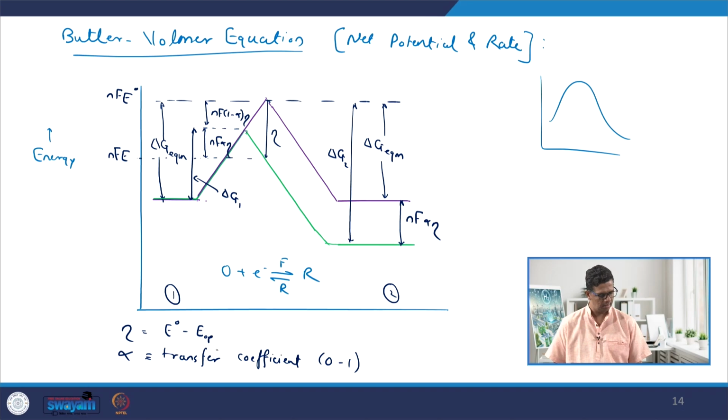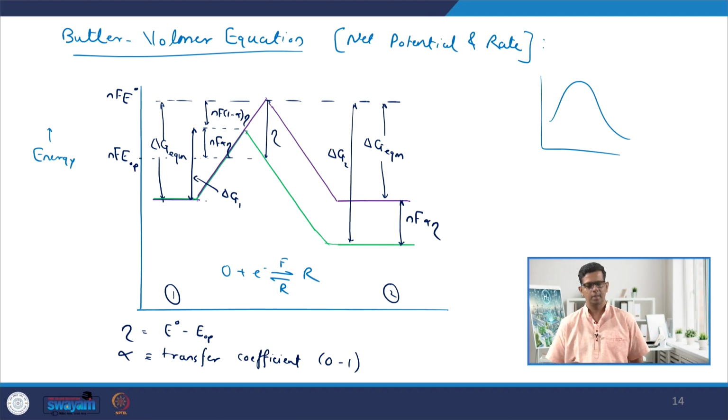Since this is a difference in the potentials, I can relate this eta to the energy vertical by introducing one more parameter called alpha. If I take the summation of these two halves, nF(1 minus alpha)eta and nF alpha eta, this comes to nF eta. In other words, we have converted this difference into the energy vertical.